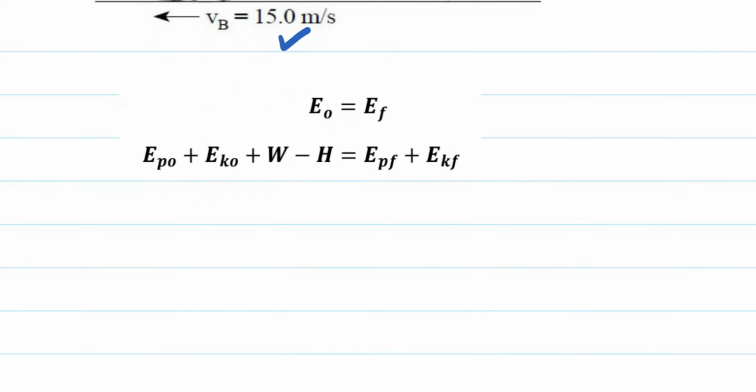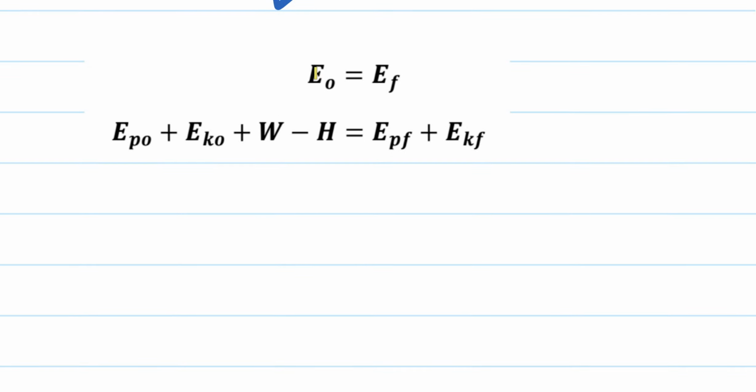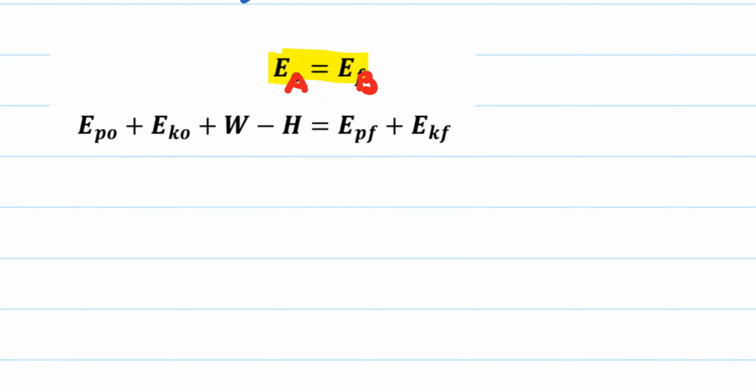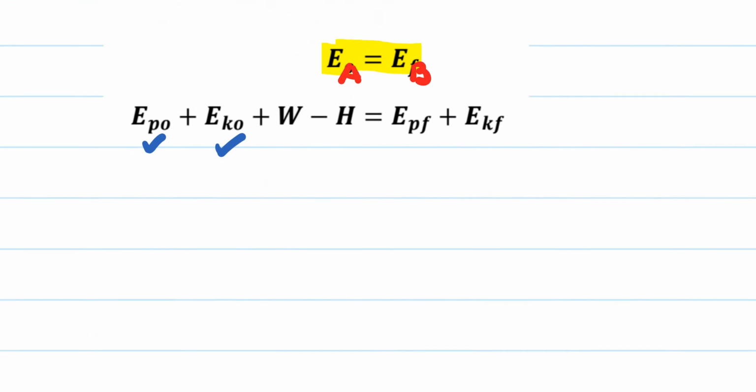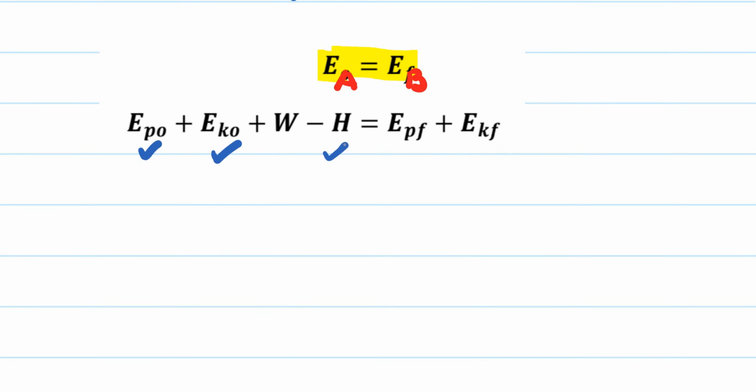Then we jump down to the work energy theorem, which states that energy is conserved, meaning the energy at the beginning is equal to the energy at the end. The beginning is denoted by the letter A, and the end by the letter B. We had potential energy and kinetic energy at the start, and since we're trying to find how much heat energy is produced, we keep the h variable and eliminate the work variable, because this question states nothing about work.